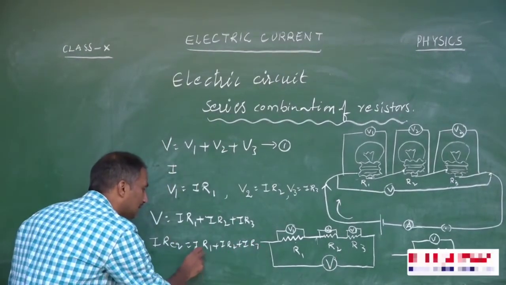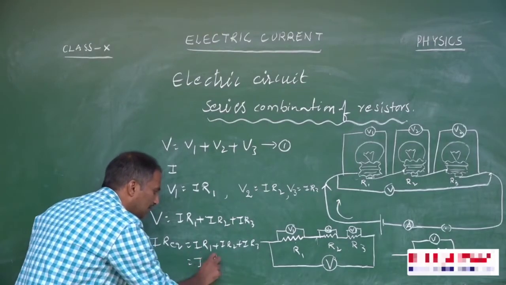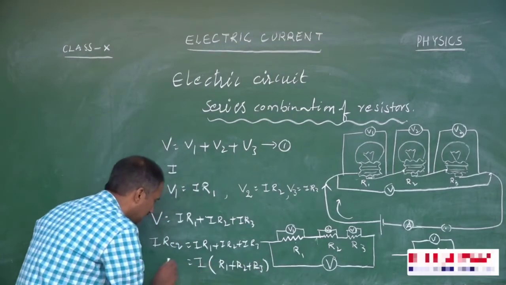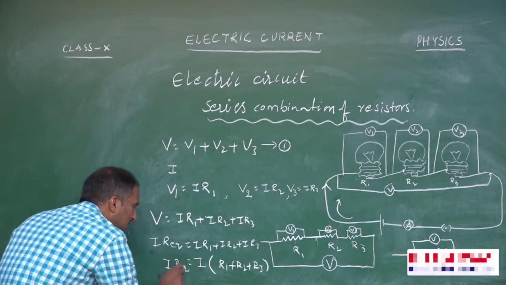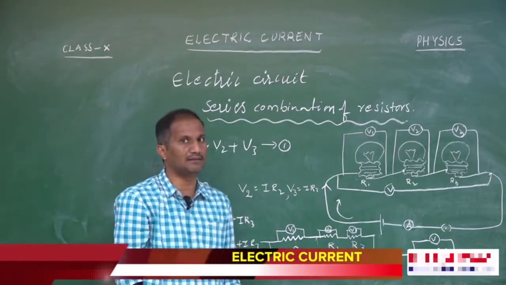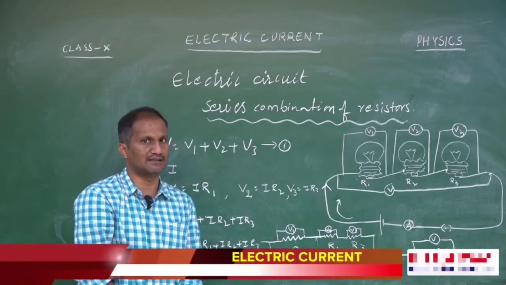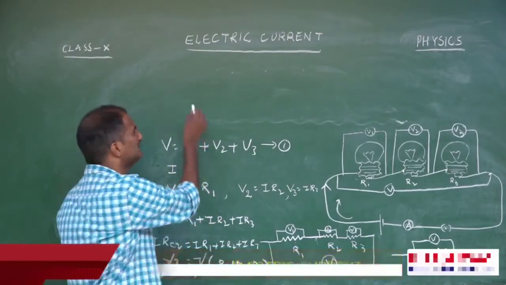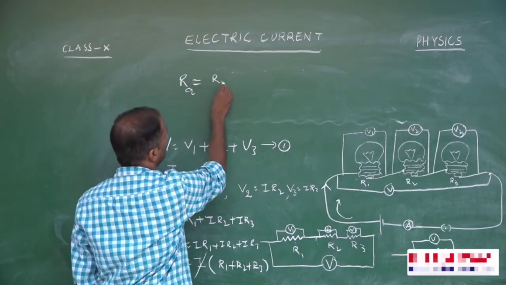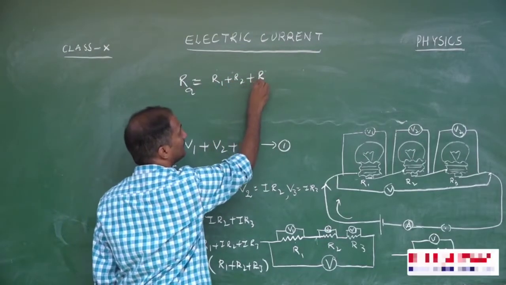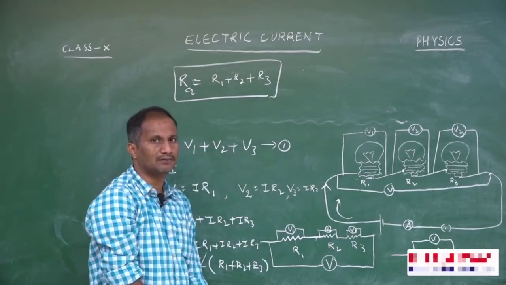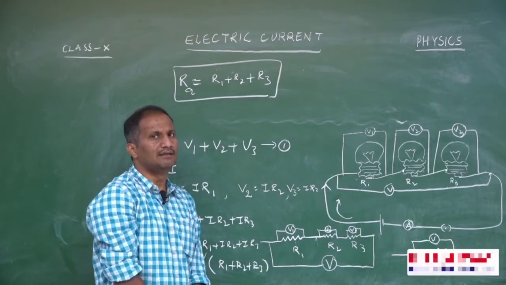If you take I as common, I into R1 plus R2 plus R3, and in I R equivalent, I gets cancelled. The resultant or equivalent resistance R equivalent is equal to R1 plus R2 plus R3. That is, the resultant resistance is equal to the sum of the individual resistors.